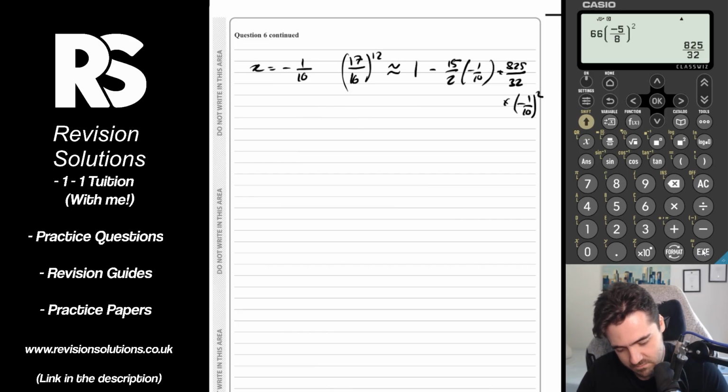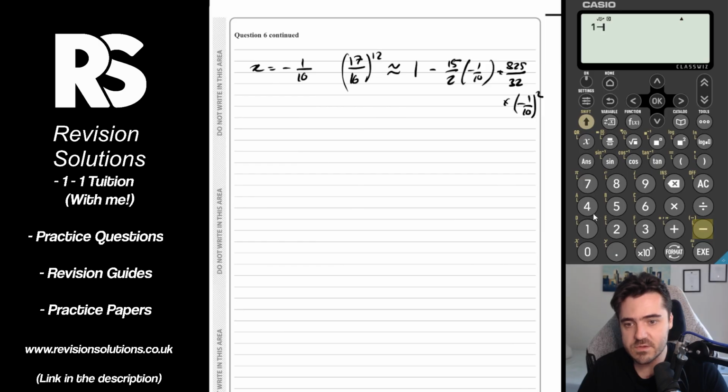If you plug that in the calculator, it'd be 1 minus 15 over 2 times minus 1 over 10. Sorry, not squared, that one's just as it is.